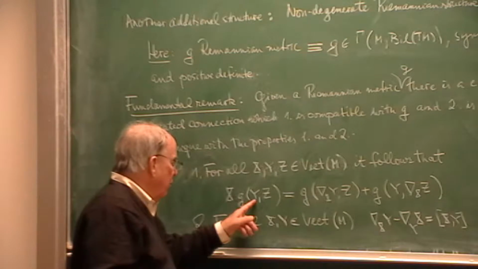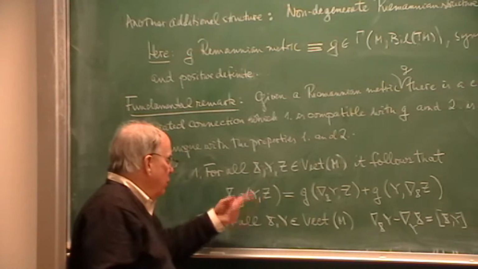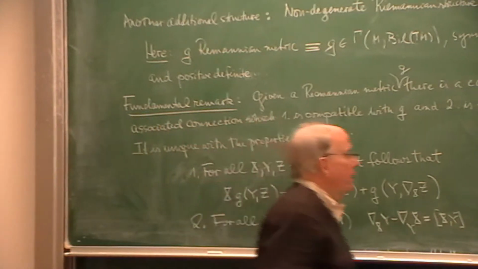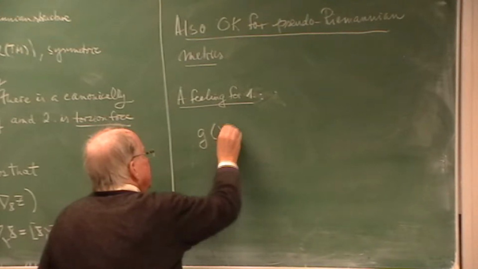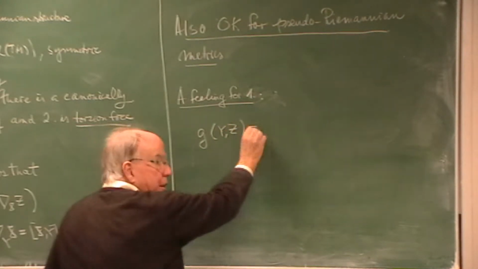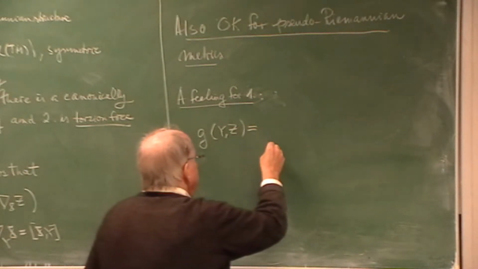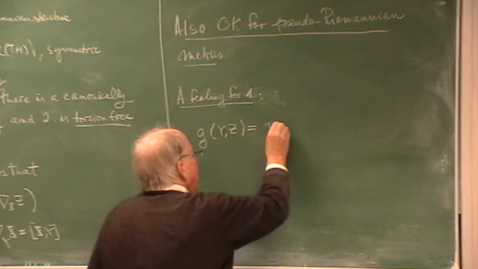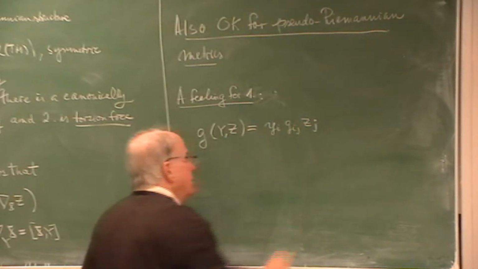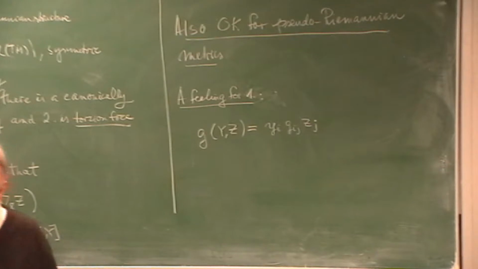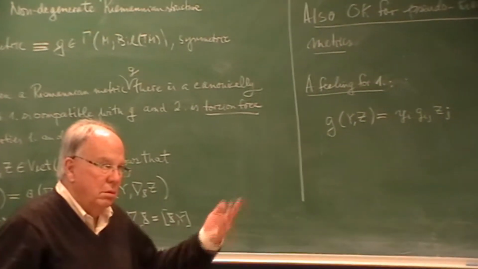You write y and z in terms of the frame. So you write g of y and z as something like, with the symmetric matrix and all that stuff, yi, gij, zj. Isn't that true? Right, you just write the code, right?